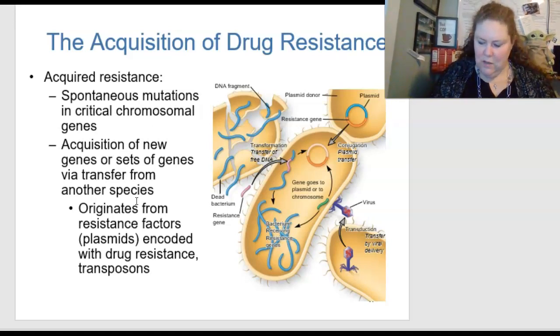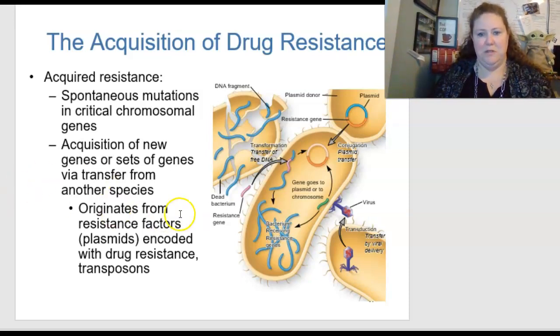So with this, we have the acquisition of resistance, and this is acquired resistance, which is figure 12.13 in your book. Acquired resistance would be a spontaneous mutation that happens in critical chromosomal genes. And we acquire these new genes, or sets of genes, by transferring from other species.